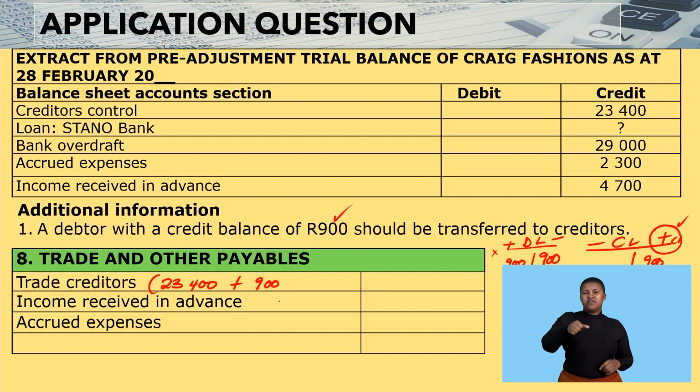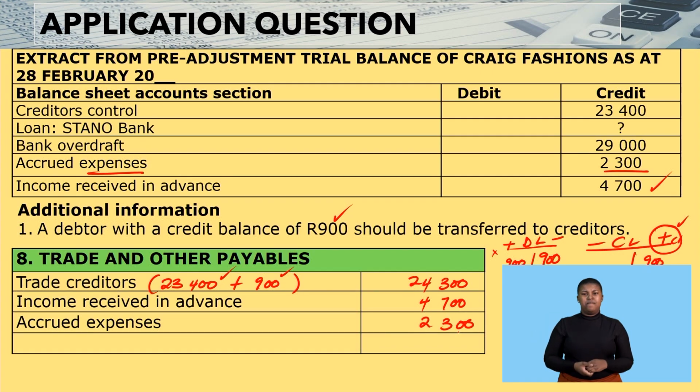The next information that I have is my income received in advance, which is 4,700. Before I record the 4.7, I can close this part now. Then I say 23.4 plus 900, that gives me 24,300. My income received in advance becomes 4,700. Then here I have accrued expenses, which is 2,300.